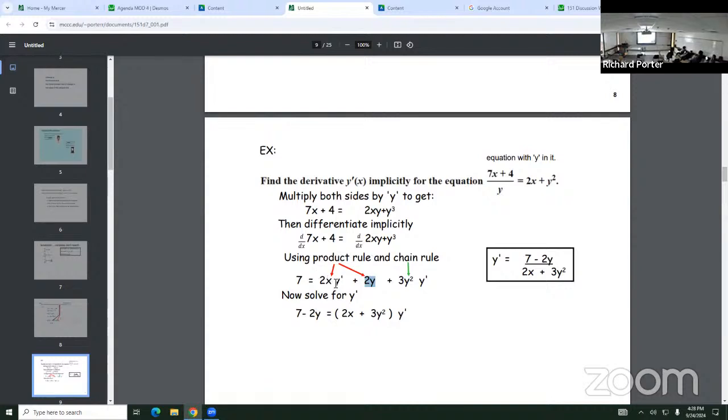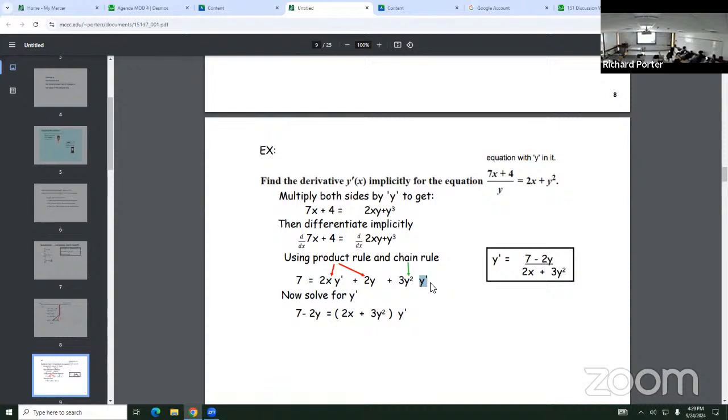Because you're just literally taking the derivative of y. There's y, it isn't in anything. The next one, though, the derivative of y cubed, you see that's 3y squared times y prime. That's the chain rule, the one we just did before. The variables don't match, the x and the y, so you end up with a y prime at the end.